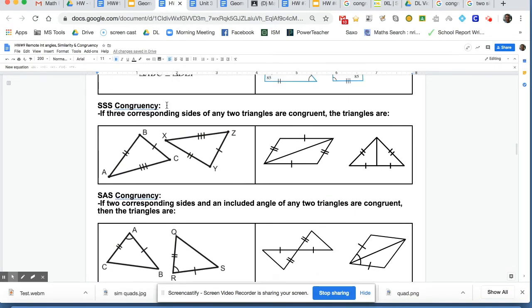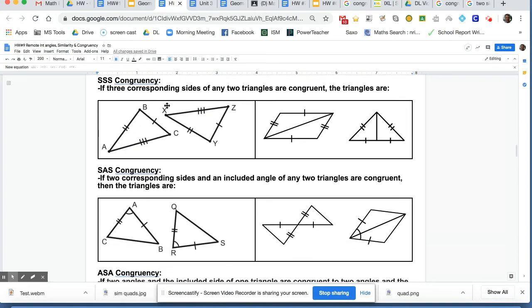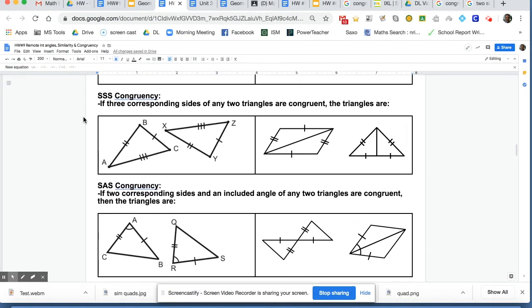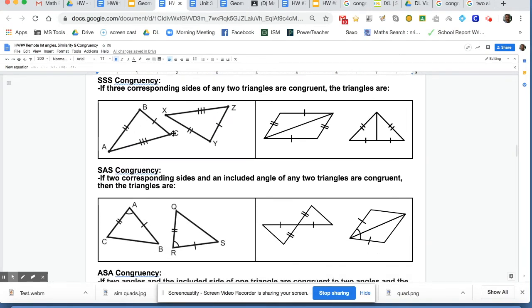Now, when we look at triangles, again, there are some shortcuts for triangles. We don't need to have all of that information to determine if they are congruent. Here's an example where we have side, side, side congruency. So if there are three identical sides that correspond to another triangle, those are congruent.